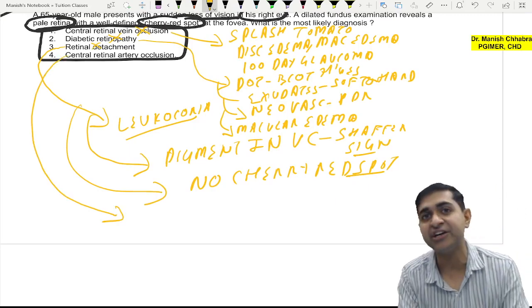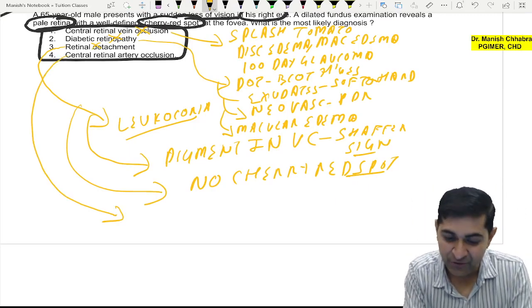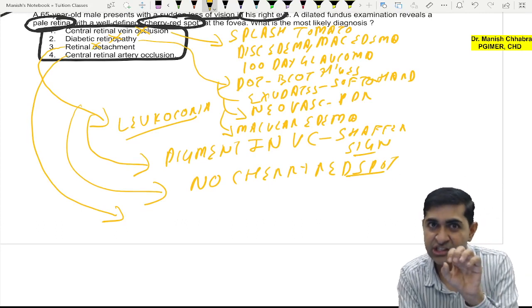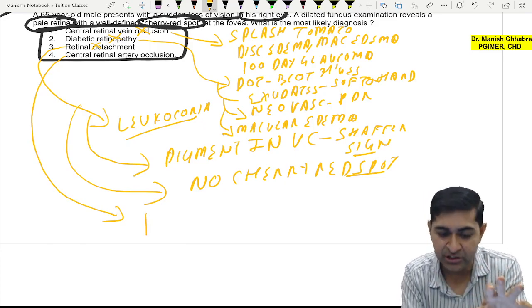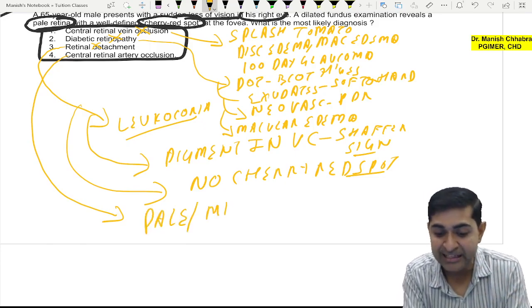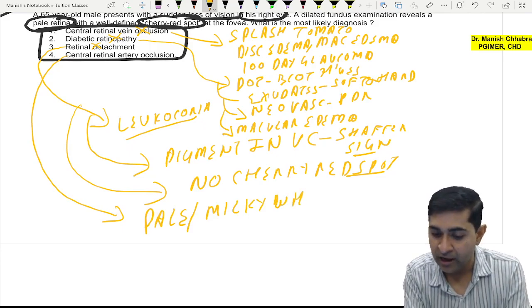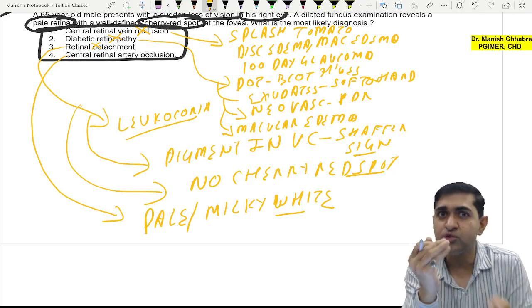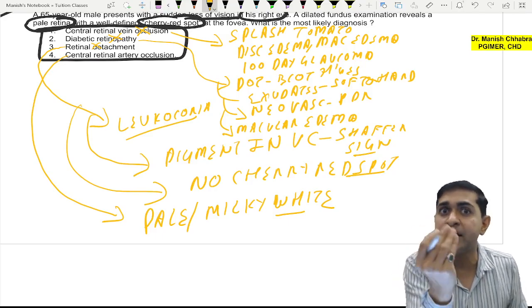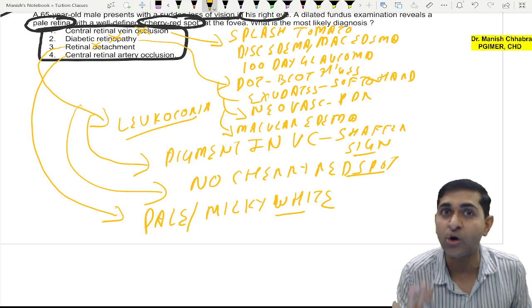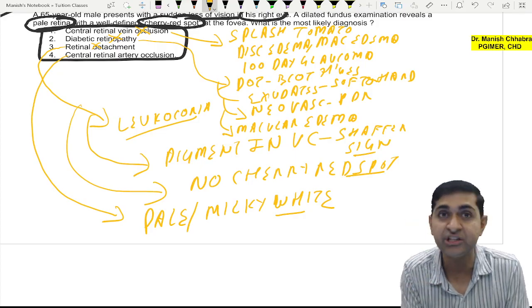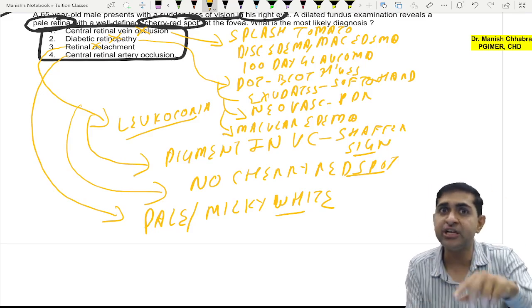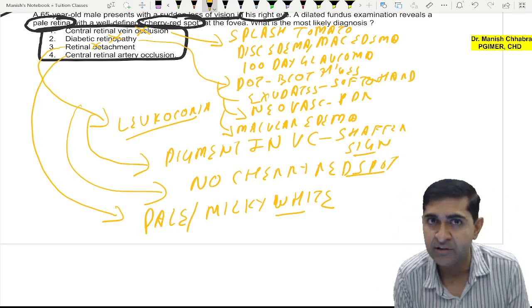So we are talking of central retinal arterial occlusion. What will be the features of CRAO? There is sudden cessation of the blood supply in the central retinal artery, leading to a pale or milky white retina. In the center of the macula there is the fovea, through which you can appreciate the red dot of the choriocapillaries, the blood supply in the choriocapillaries region. You can only appreciate that if the surrounding retina has gone pale or milky white.